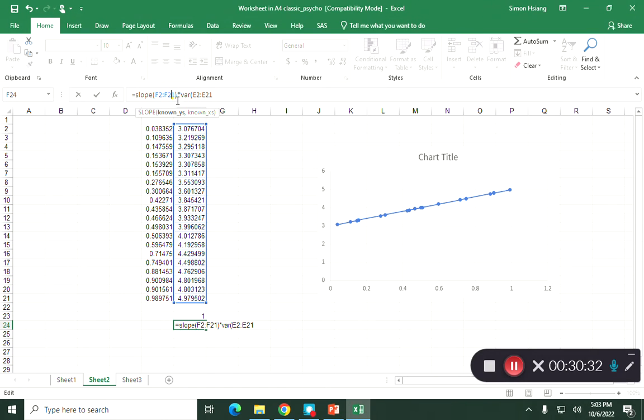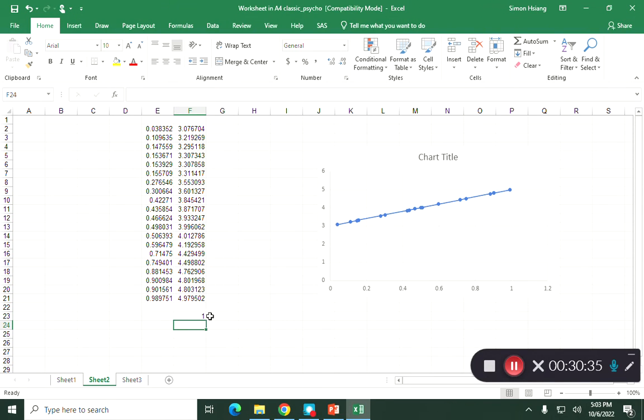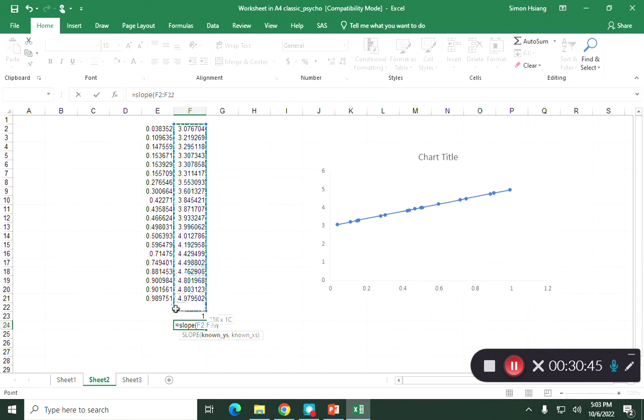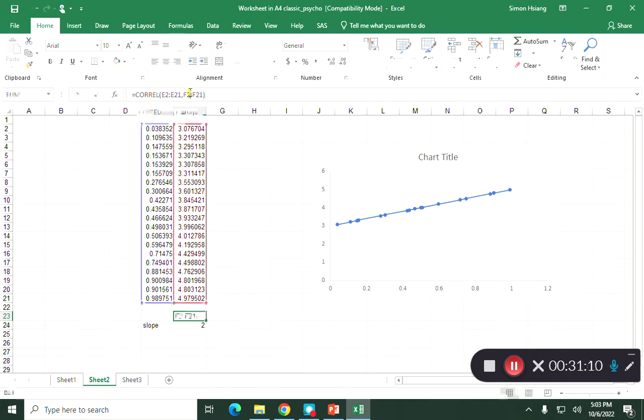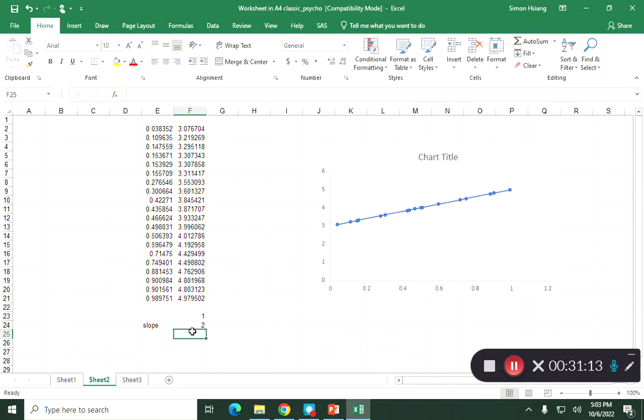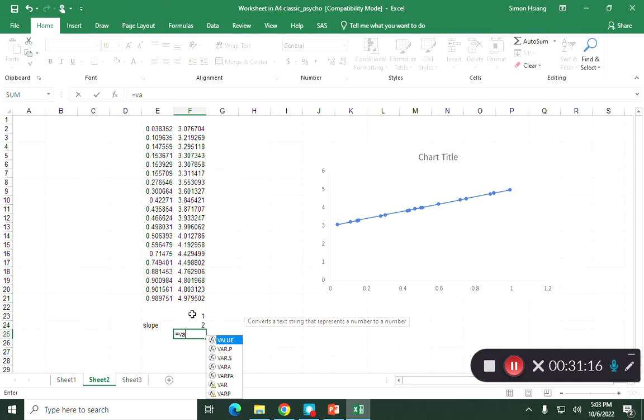Slope first. Okay, so I got my slope 2. And then my correlation coefficient. Let me get my variance.